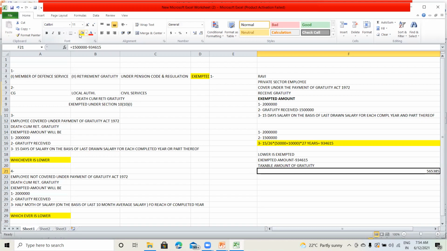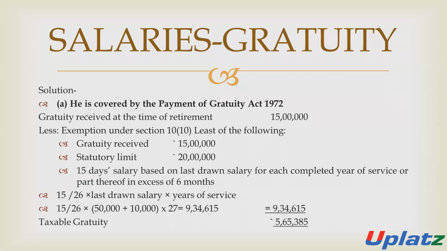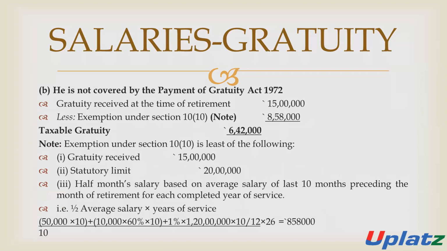Total amount received is 15 lakh, the exempted amount is 9,34,615 rupees, so the taxable amount will be 5,65,385 rupees, when the employee is a private company employee covered under the Payment of Gratuity Act 1972.